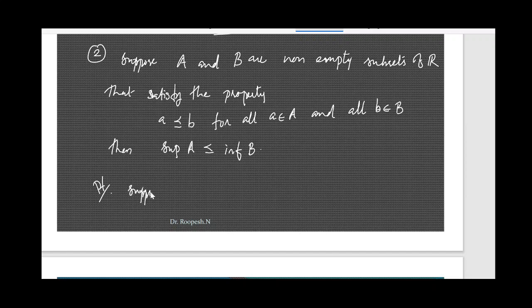Suppose b belongs to B, we have given condition is a less than or equal to b, right? For all a belongs to capital A.